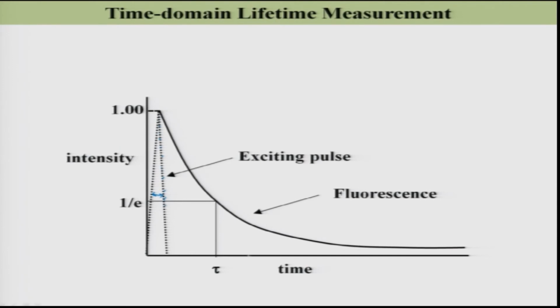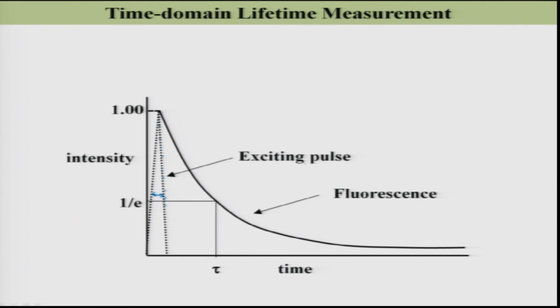That means that when you are exciting this molecule, all the molecules will go to the excited state all of a sudden. There is no time required to take all the molecules from the ground state to the excited state. That is what I consider here.